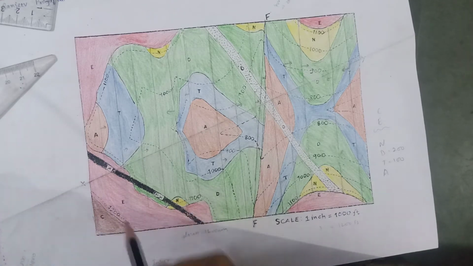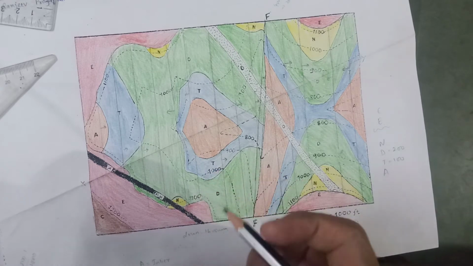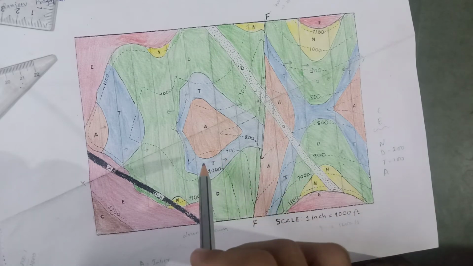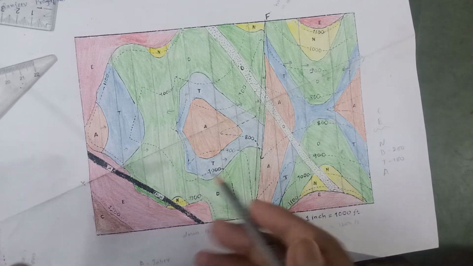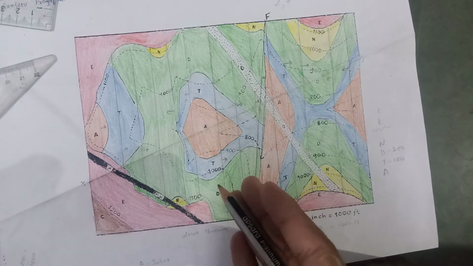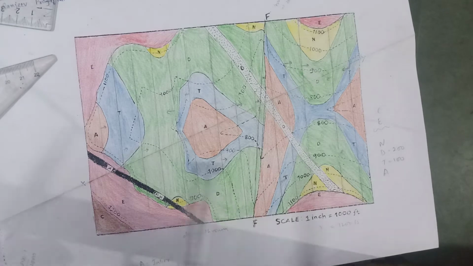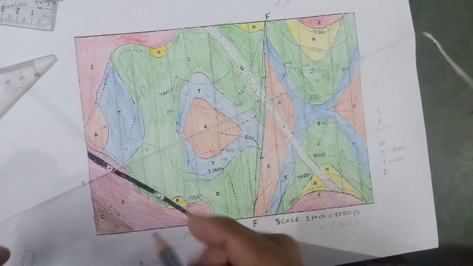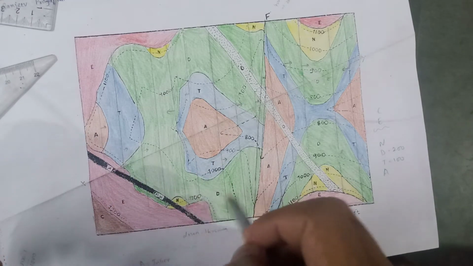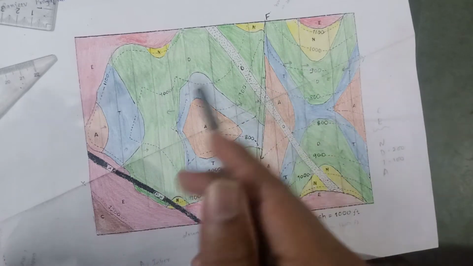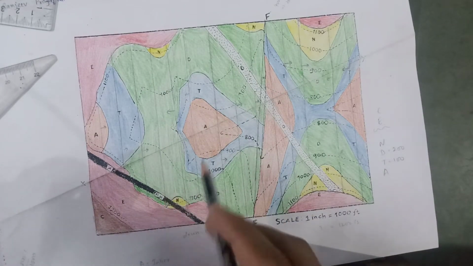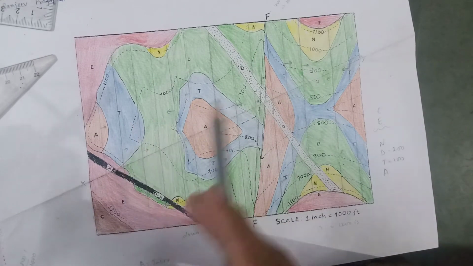That means they are forming angular unconformity. As we don't know the lithology of the inclined bed, we cannot decide whether it is an unconformity, disconformity or paraconformity. For this, on the basis of angle, you can easily demarcate it as an angular unconformity.